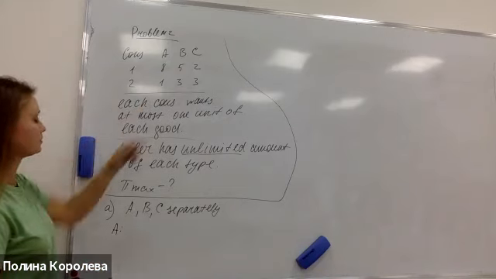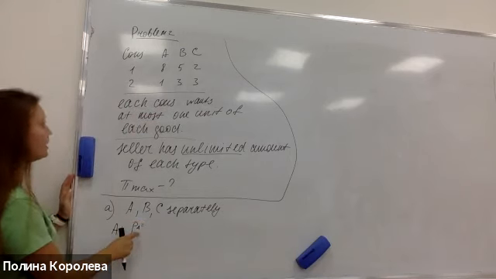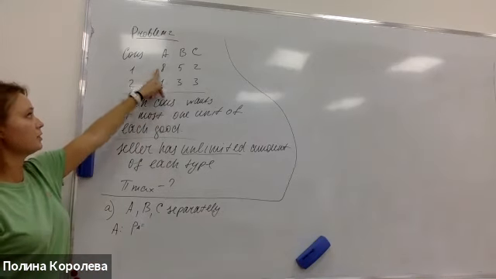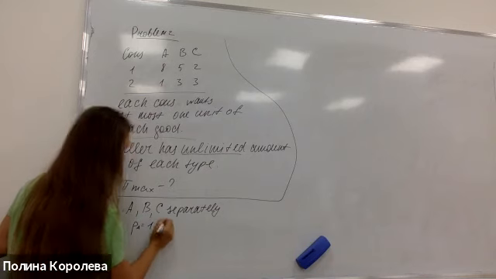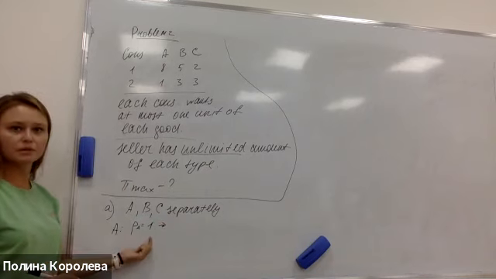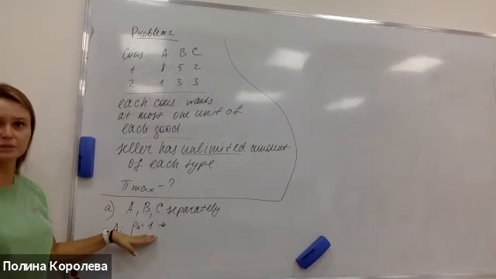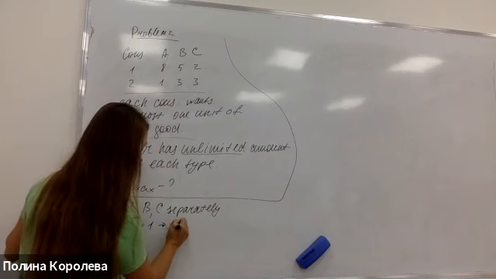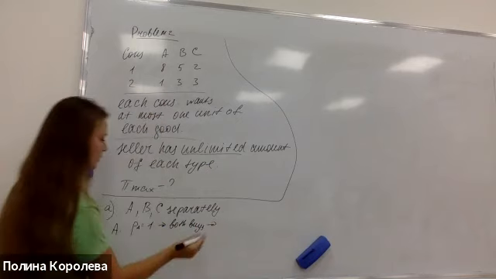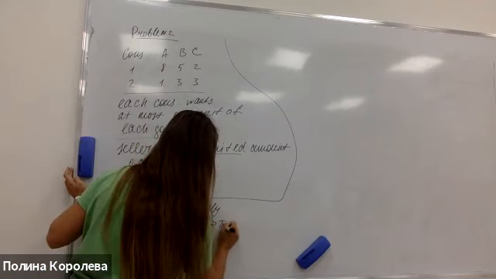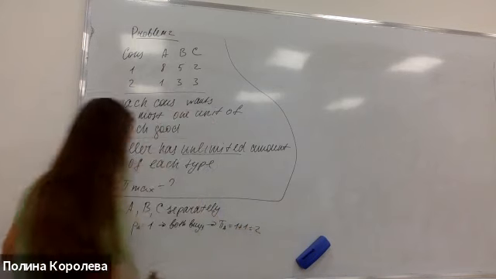What price will we set? The price of good A can be, for example, the maximum willingness to pay of the second consumer, which is 1. If the price is 1, both consumers will buy this good. That's why our profit from selling good A will be 1 plus 1, which is 2.